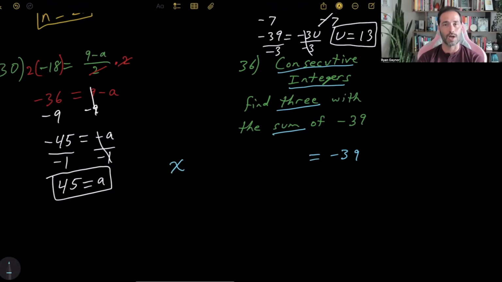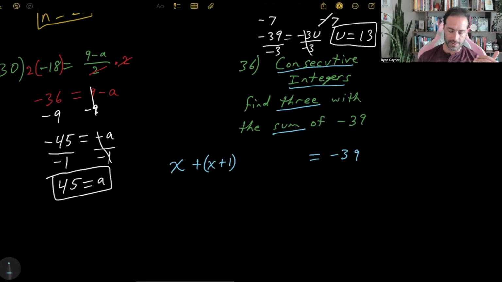So I know that's 5 plus 1 is 6. Okay, so integer number 2, and I'm going to put it in parentheses just so you see it better, x plus 1. So whatever x is, the second integer is just going to be x plus 1. Because again, they're consecutive, they're in order.